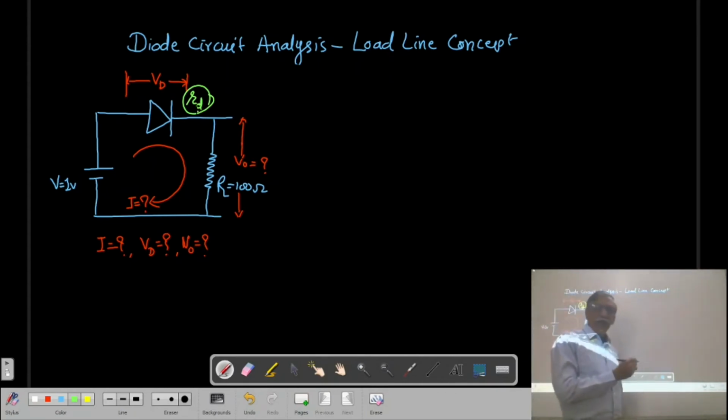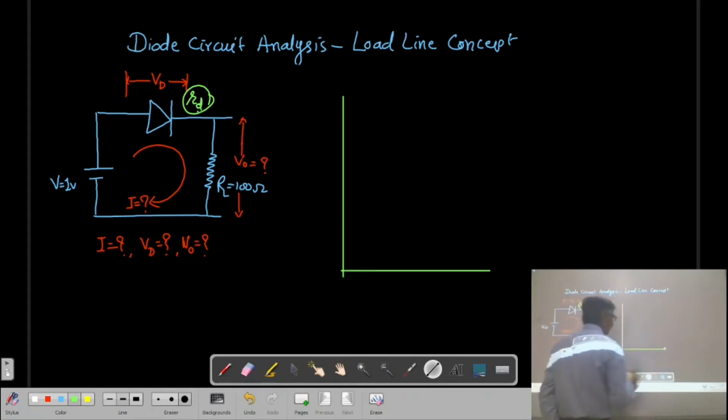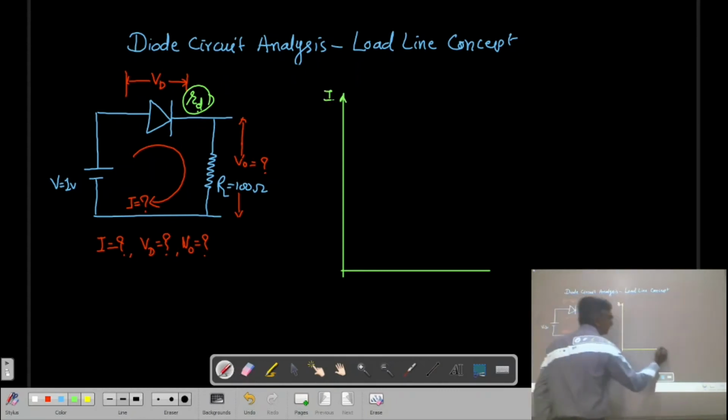And already I have discussed that the diode resistance is different in different areas of the characteristic curve. Here, if you see, this is my current axis, and this is my voltage axis, or you can say the diode voltage.